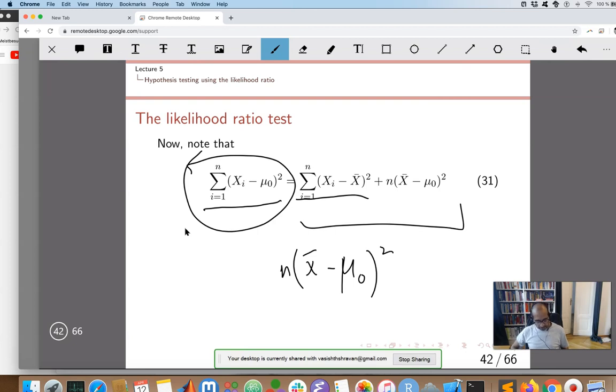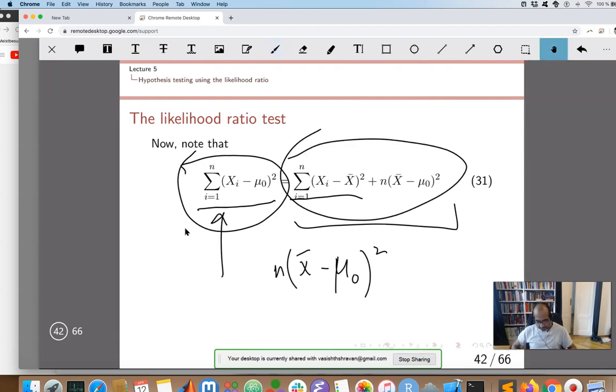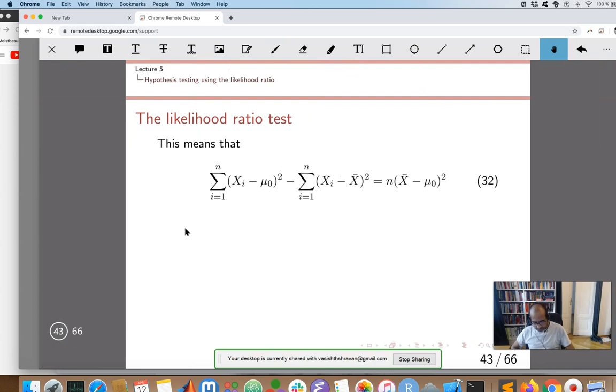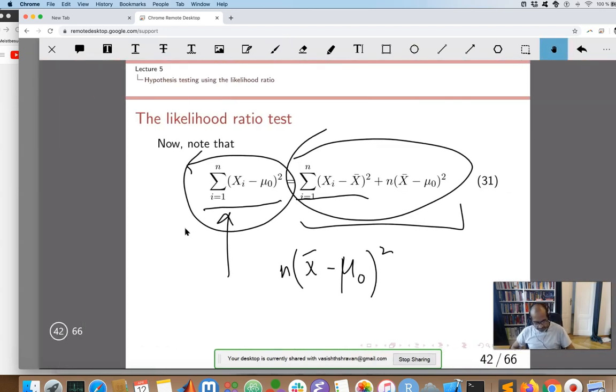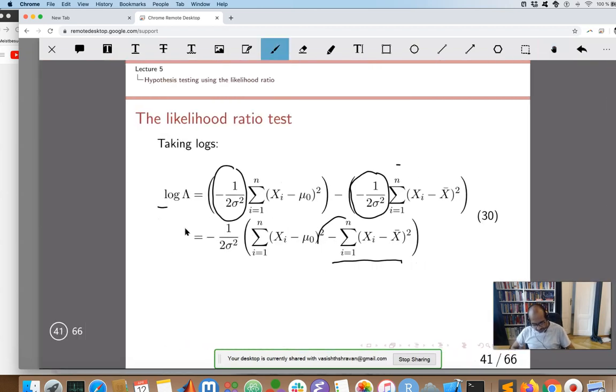That's what's going to happen next, because I will rewrite the left hand side in terms of this summation, and that will leave me only with this term here, because this term is going to cancel out with this term. These are two identical terms.